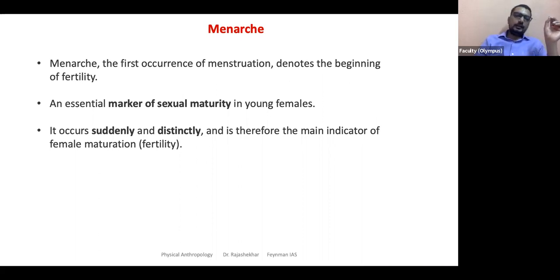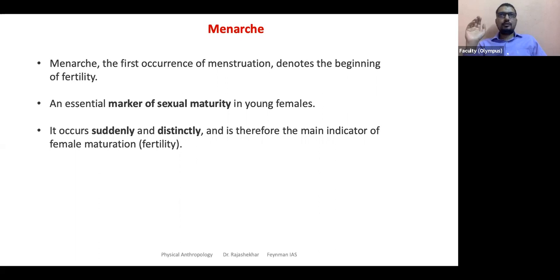This can be considered a marker of sexual maturity. It indicates that the body has physiologically prepared. Sexual maturity is attained, or at least is in the process of being attained, to bear children. This is a marker seen in young females. In many cultures, it is celebrated because it is an essential part.